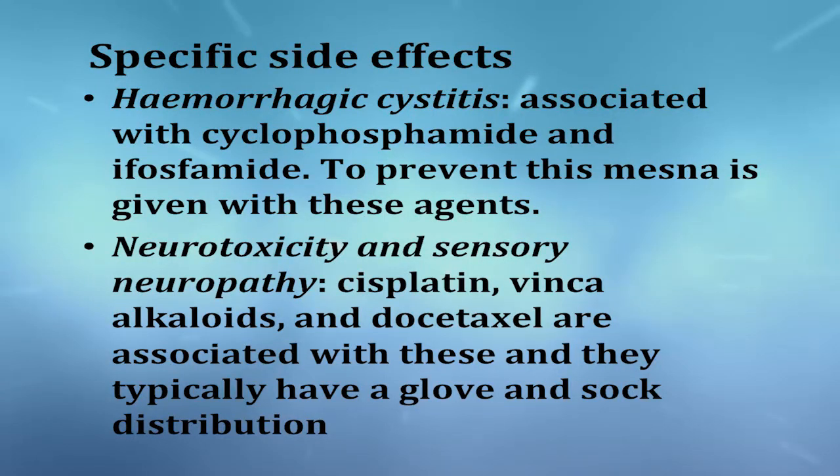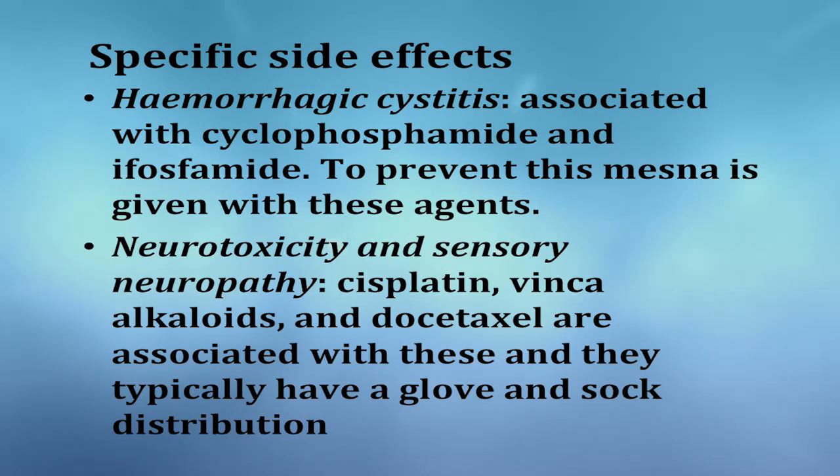There are specific side effects like hemorrhagic cystitis, and this is very common with cyclophosphamide and ifosfamide. Because of that, there are agents given before or with chemotherapy called MESNA to prevent this kind of side effect.